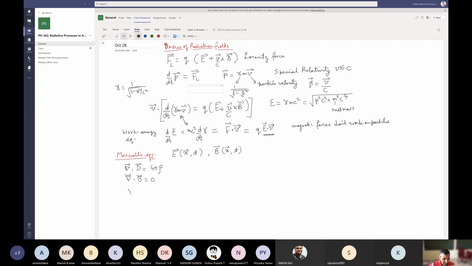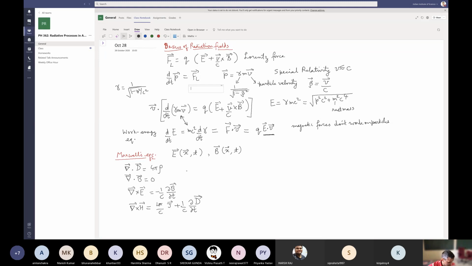So these are the divergences, and now these are the curls: del cross E is equal to minus 1 by c dB/dt, and del cross H equals 4 pi by c J plus 1 by c dD/dt.